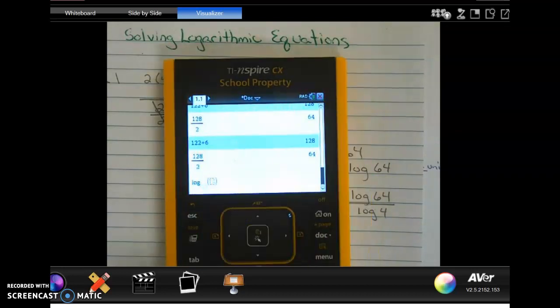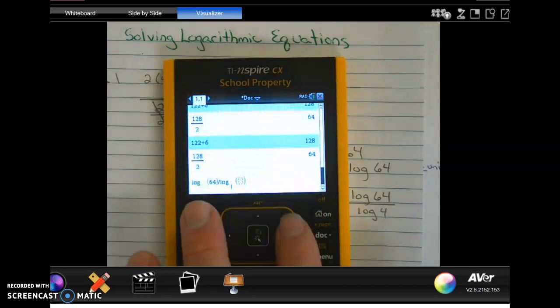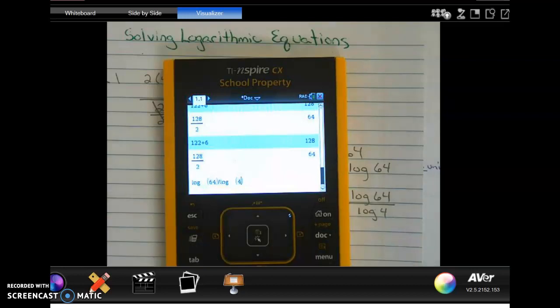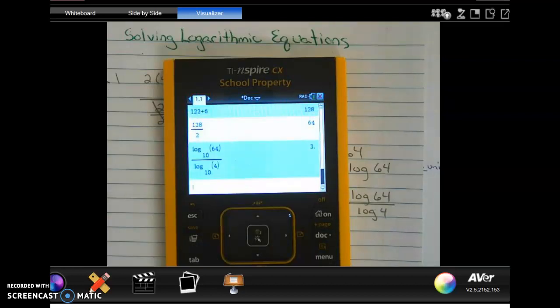And we're going to do the log of 64 divided by the log of 4. Oh, not down there. It's base 10, remember? And we get our answer of 3.